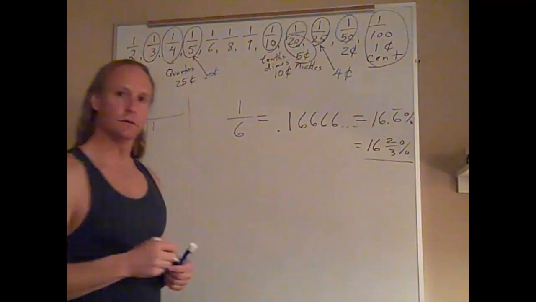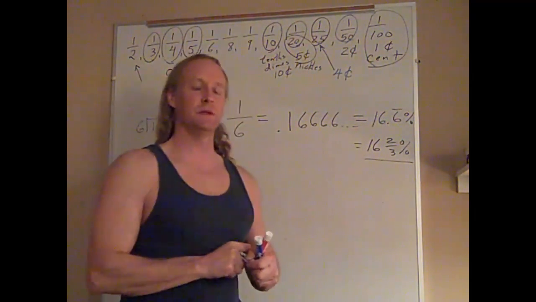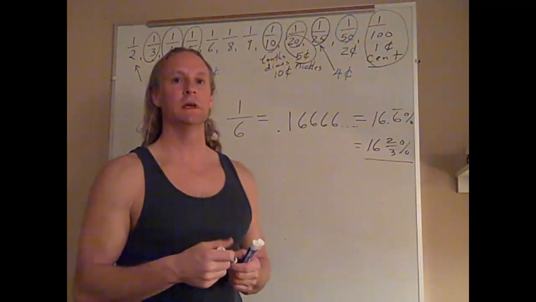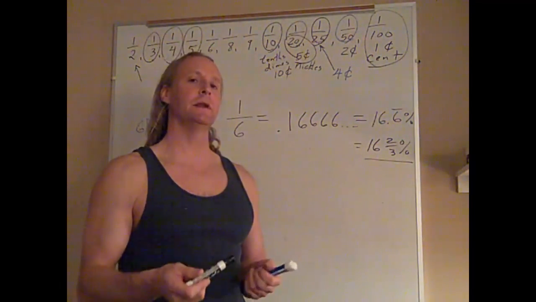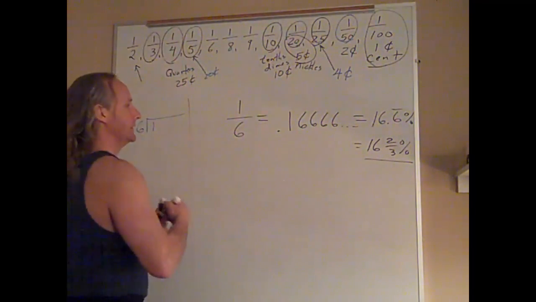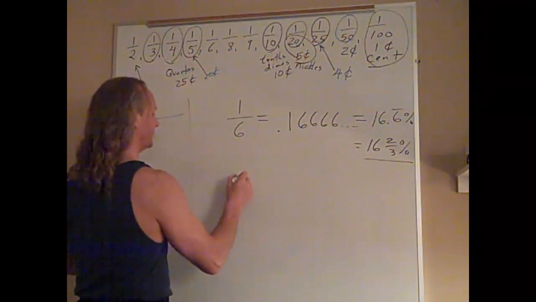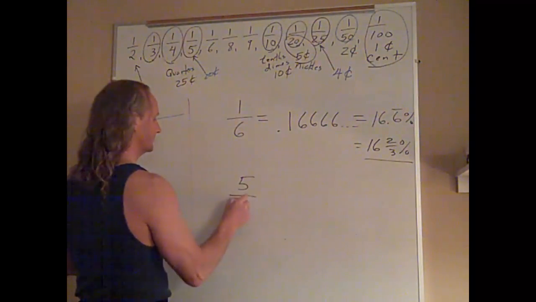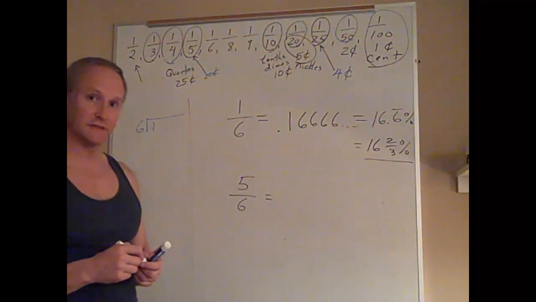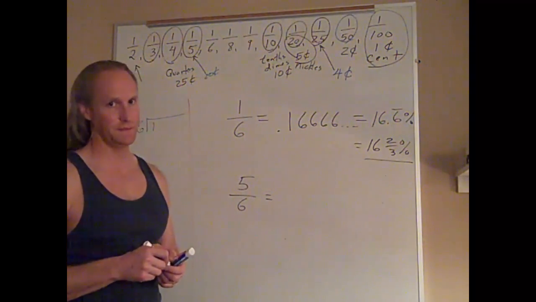There is no real good way of doing this except to memorize it. And I'm going to teach you some methods of memorization, and it's actually a method of remembering rather than memorizing, but we'll get into that. The other one that you have to worry about is 5/6. You don't have to worry about 2/6 or 3/6 or 4/6.